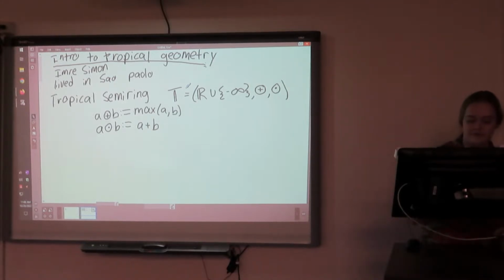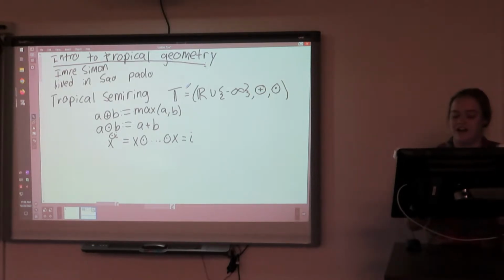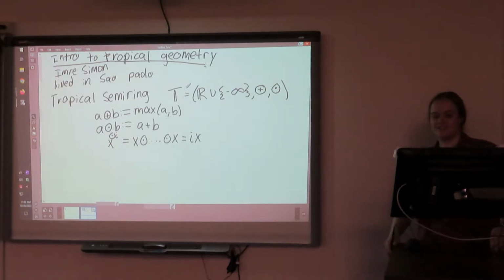We also have, if we're raising x to the power of I, that's the same thing as doing x times itself I times, which is the same thing as I times x, because you're adding x, I times.